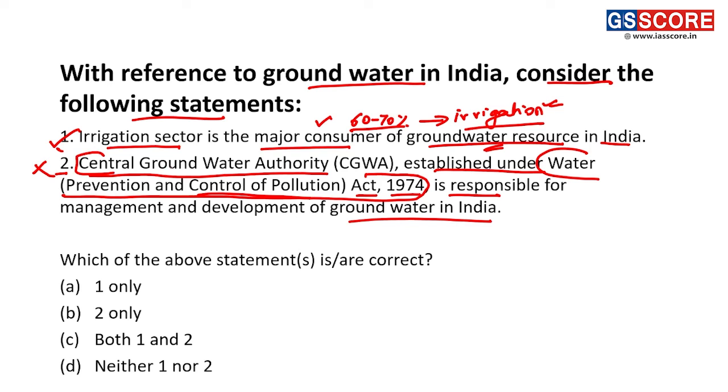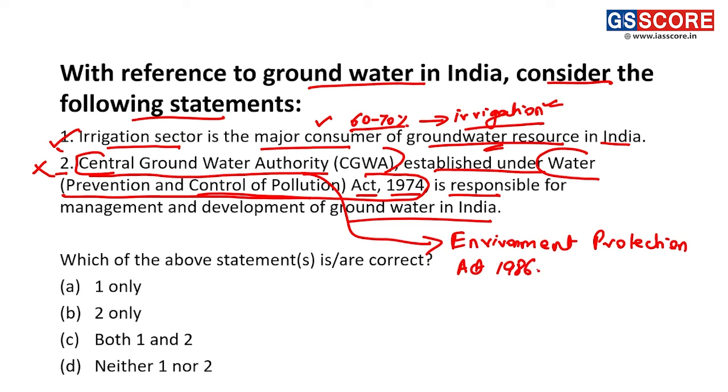Because the Central Groundwater Authority has been established under the Environment Protection Act of 1986, thus making this statement incorrect and the answer to this question A, 1 only. So here you need to remember under which act the Central Groundwater Authority has been formed.